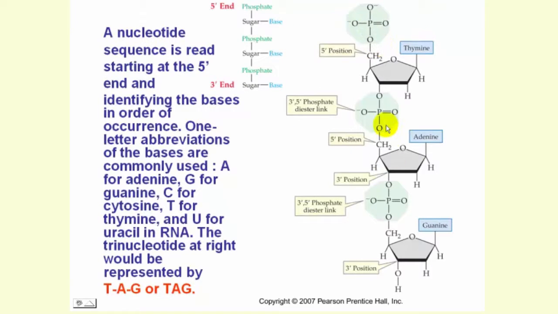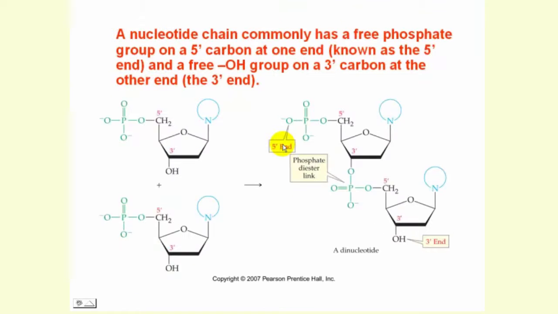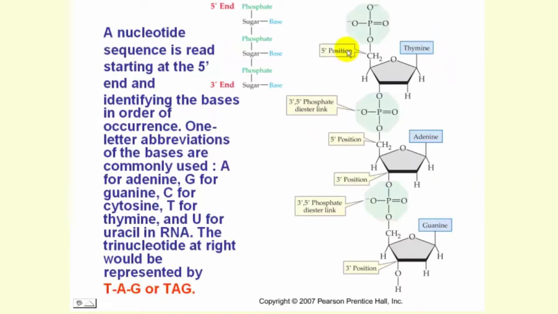We have 3 nucleotides. We have a trinucleotide, which is made up of 3 of these linkages. When we read a nucleotide sequence, we read it starting at the 5' end. We identify the bases in order of occurrence, and we only use one-letter abbreviations of the bases.